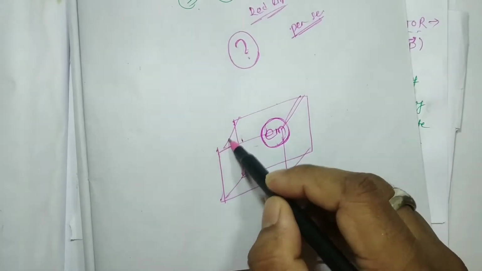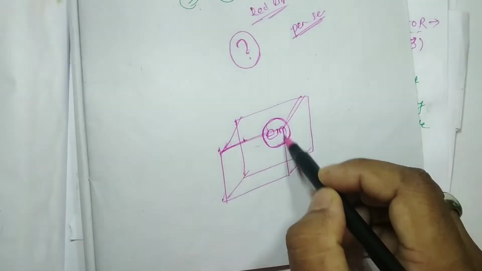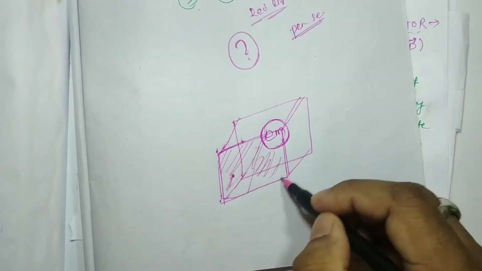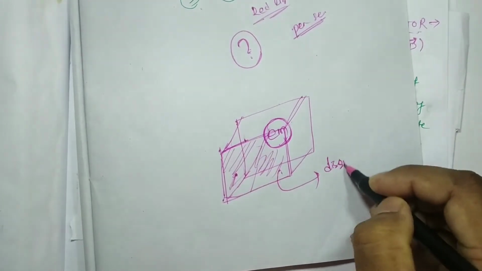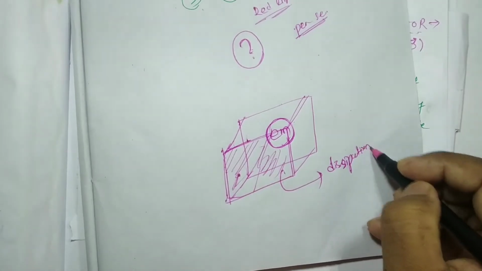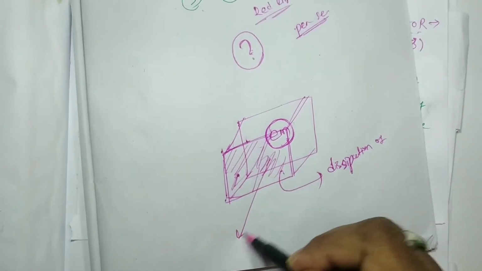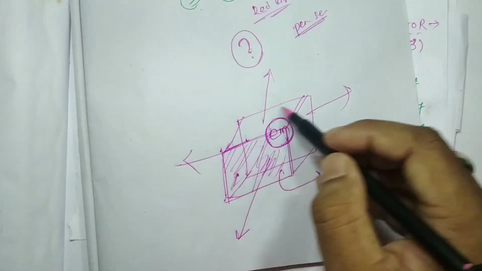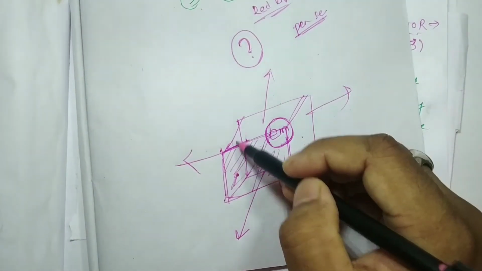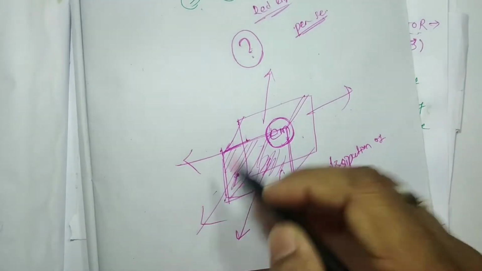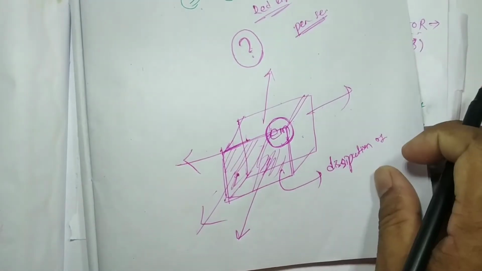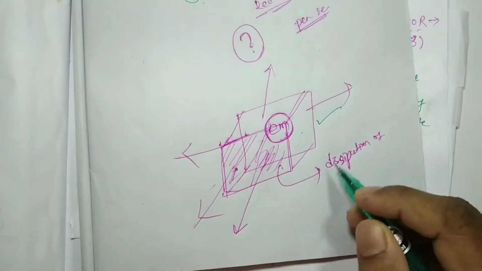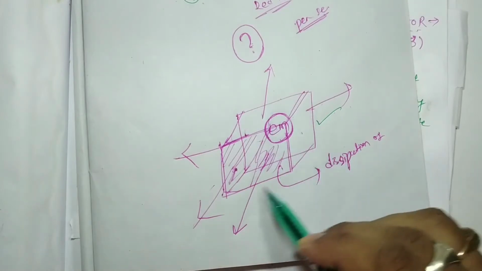First, some of the energy is utilized to increase the temperature of this wall, that is used for the dissipation of the energy, and the rest of the energy is coming out from this volume through the six surfaces of this iron box. So here we understood by considering an iron box.